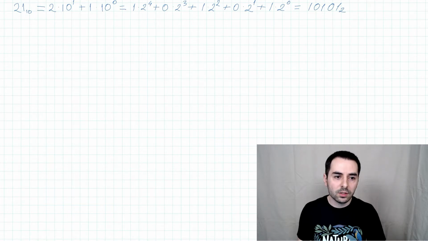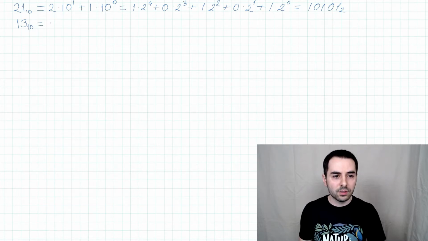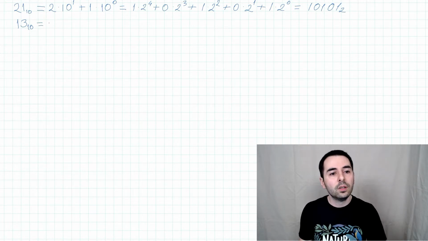Similarly, let's say we have another number which is 13 in decimal, and if we calculate the same way, we have 8 plus 4 plus 1.